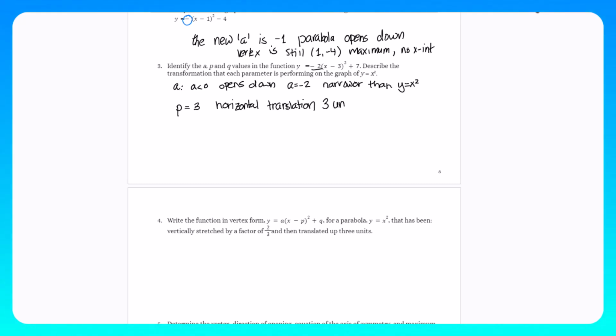Now, because it's positive, it's going to the right. And let's look at the q value. q equals 7, and that's a vertical, and that new word again, translation, seven units. Now, because it's positive, it's going up. And there's our descriptions.